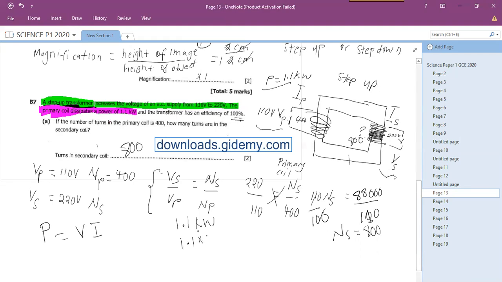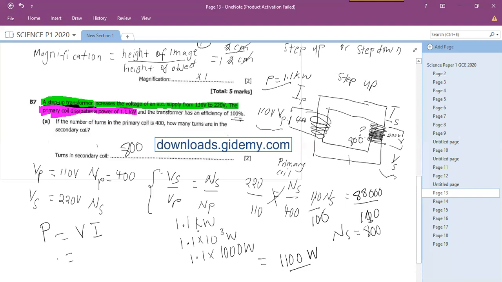So it's like you're multiplying 1.1 by 10 to the power 3 watts, which is like saying 1.1 multiplied by 1,000 watts. So we're converting kilowatts to watts, so we multiply by 1,000. We're going to get 1,100 watts.